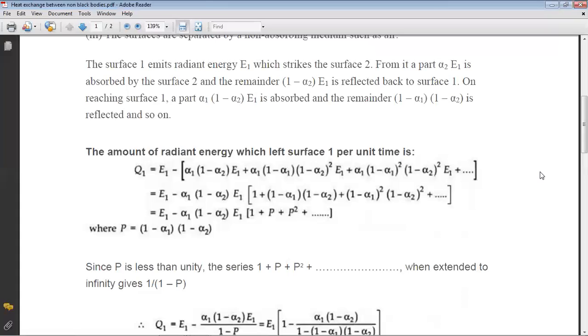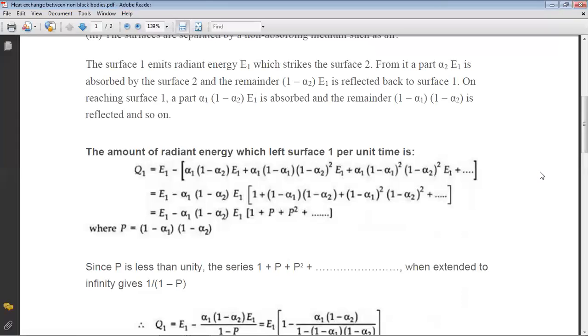Now this is nothing but the expansion of the term 1 minus x whole to the power minus 1, or 1 divided by 1 minus x. We have studied this in mathematics. If it is 1 plus 2x plus 3x squared plus 4x cubed, it is an expansion of 1 minus x whole to the power minus 2.